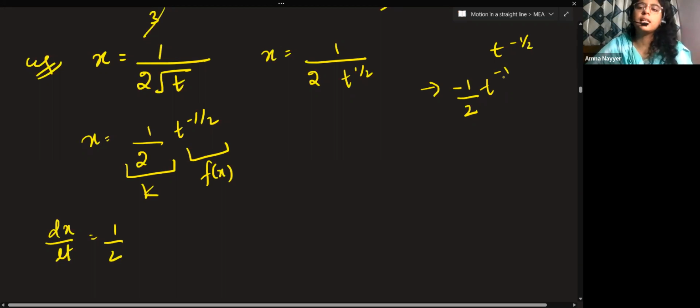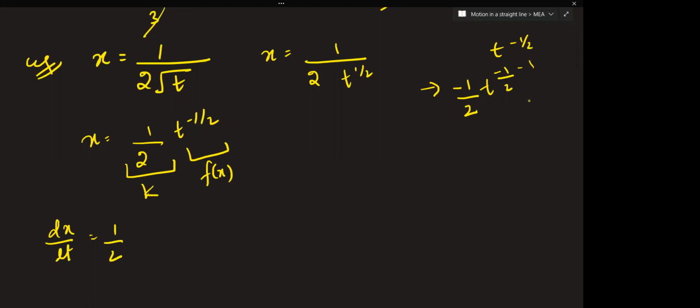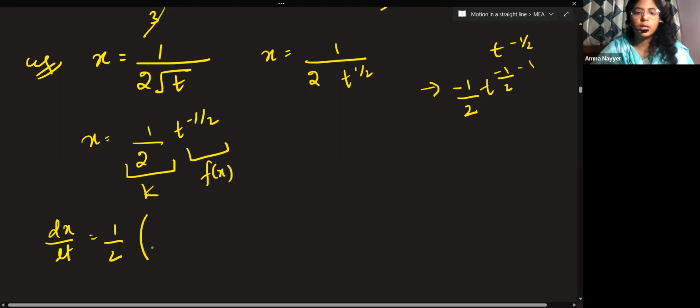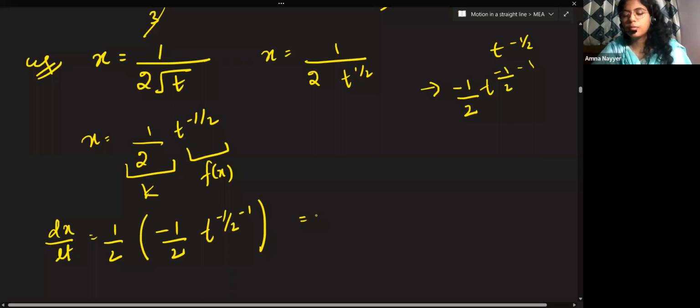Basically you mean to say 1 by 2 minus 1. This is what you want to say? Yes, ma'am. All right. So minus 1 by 2 comes out, and t to the power minus 1 by 2 minus 1 is left. See, this becomes what? My half into minus half. That becomes minus 1 by 4.